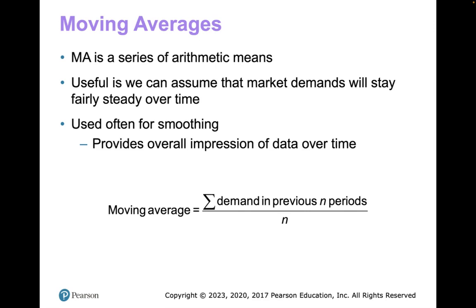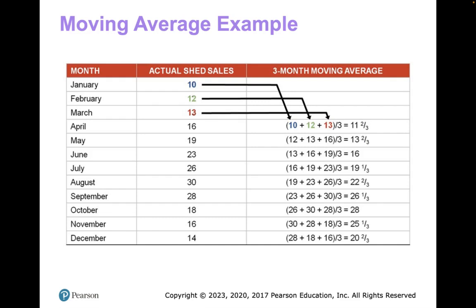Let's look at an example here. Let's say it's the end of March and we're trying to forecast April sales. If we use a moving average, and this is a 3-month moving average, we would take January, February, March, add them all together, and again divide by the number of periods, which is 3. So we would forecast April to be about 11 2/3.